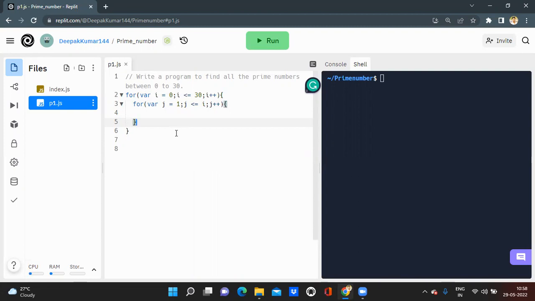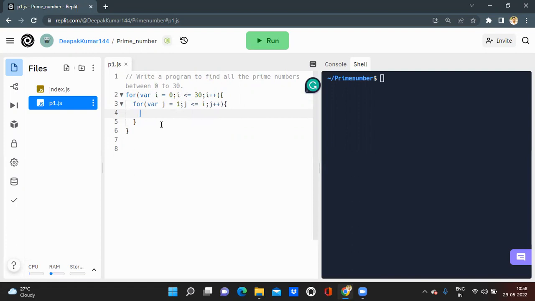By 2, no. By 3, no. 4, no. 5, no. 6, no. 7, yes. And 8, no. When a greater number comes, it fails this condition. So we check less than equal to I. Suppose it is 7, so we have to check 7 numbers, because greater than 7 is not possible. Is 7 divisible by 8? No, it's not possible.